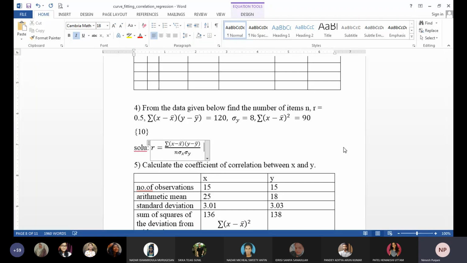Okay, so what does this imply? What is my r? 0.5. Summation (x minus x bar)(y minus y bar) is 120, divided by n, which we don't know. Sigma y is given, but sigma x is not given.